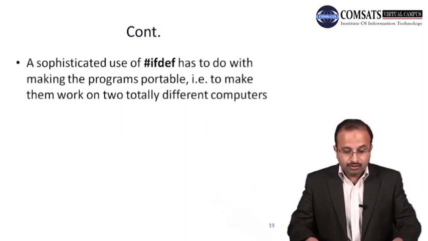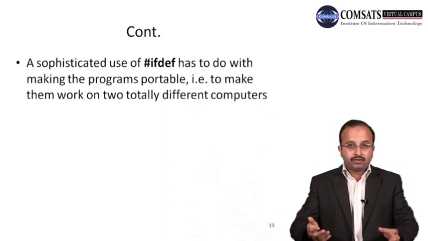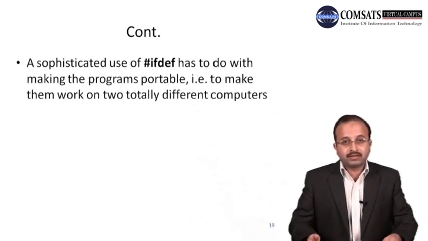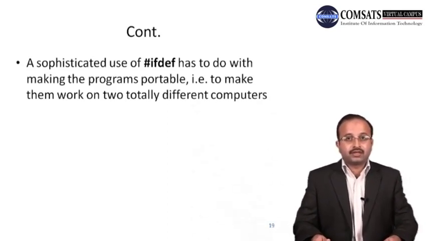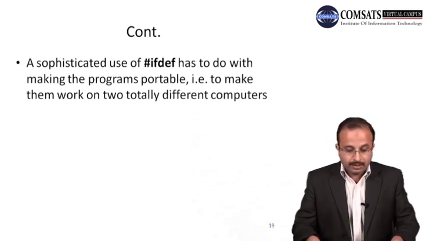A sophisticated use of hash if defined has to do with making the program portable, that is to make it work on two totally different computers. For example, on one computer you have Linux installed, on another you have Windows installed. There are certain C statements where the code differs, the function call is different in Linux and different in Windows. Okay?